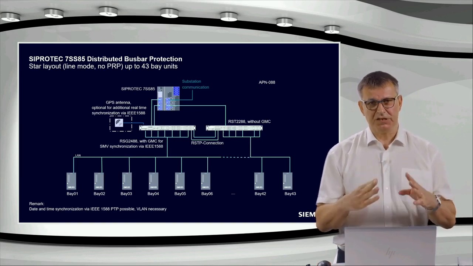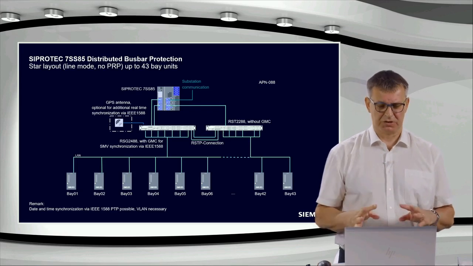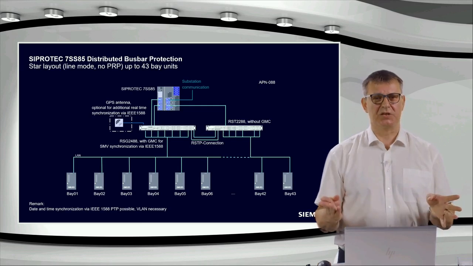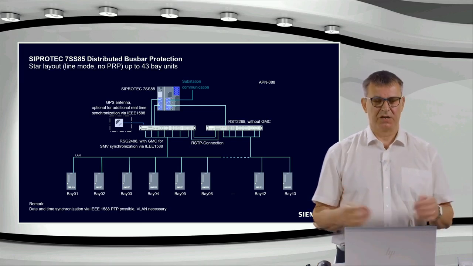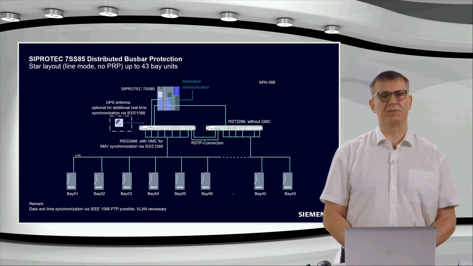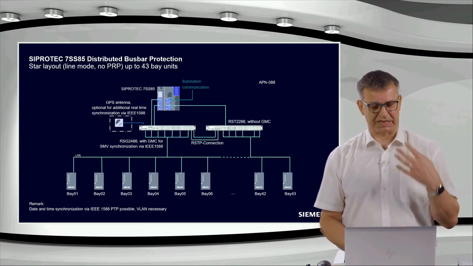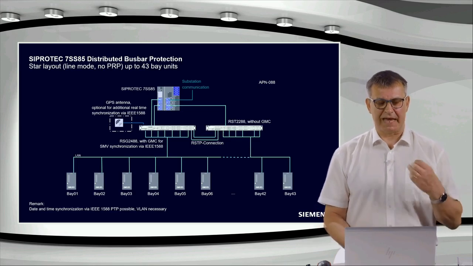Then you can still use this, and this configuration will not be discontinued. This communication topology will be alive for the lifetime of the distributed busbar protection 7SS85. So then you can use the star layout, the line mode.